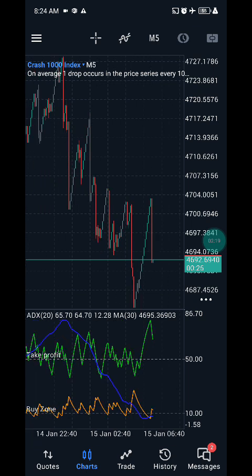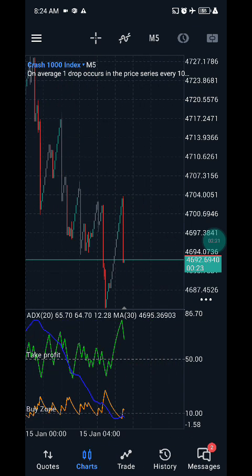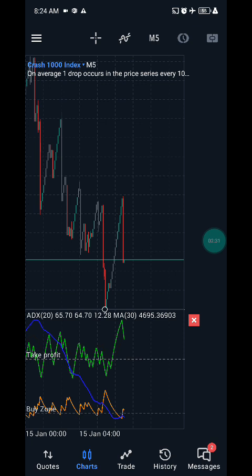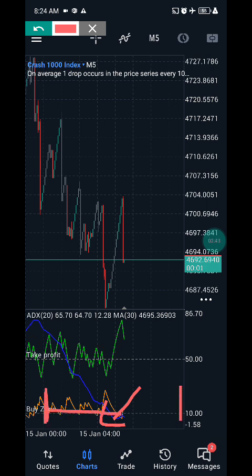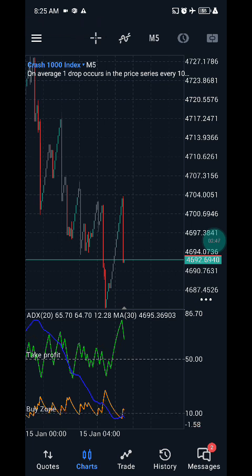So let me show you an example now. Before we can take our trade, we need to confirm whether this trend is strong enough for us to trade or not. So we are going to confirm that. If we move our moving average from the beginning of the chart to the end of the chart, we will discover that it must sit on this 10th level before we can take any trade.